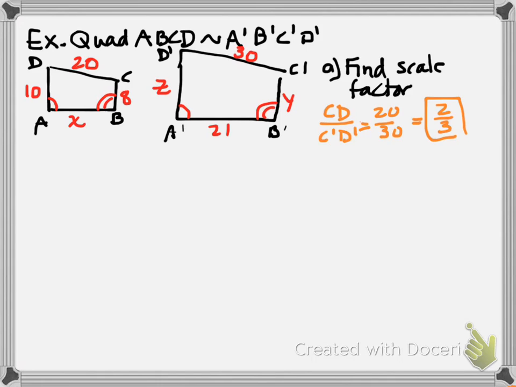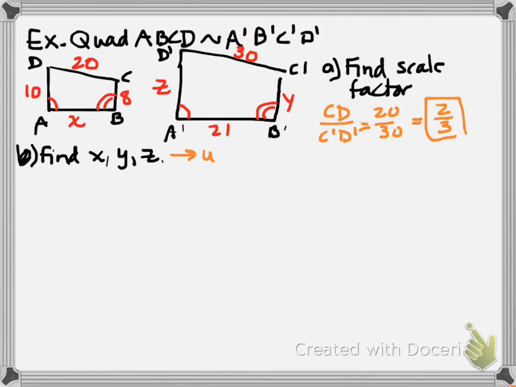So now that I know what the scale factor is, I can find the missing lengths. For part B, we're going to find what X, Y, and Z equal. So what I'm going to use is that scale factor.